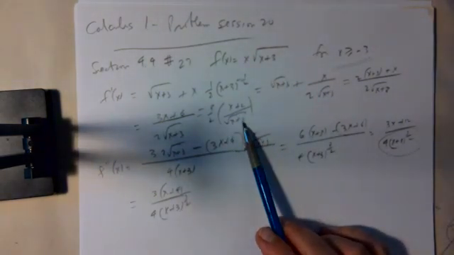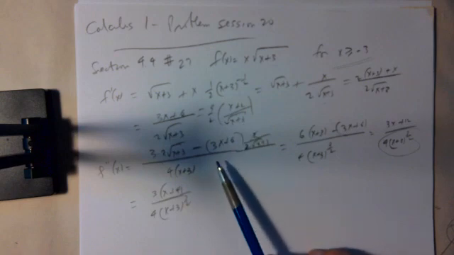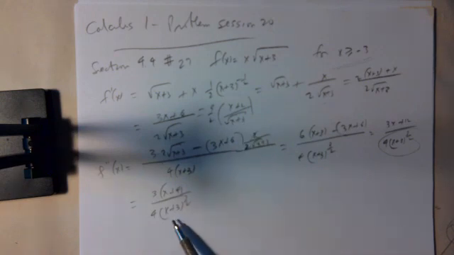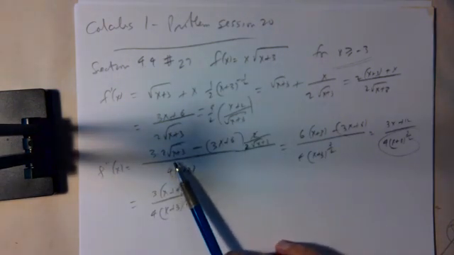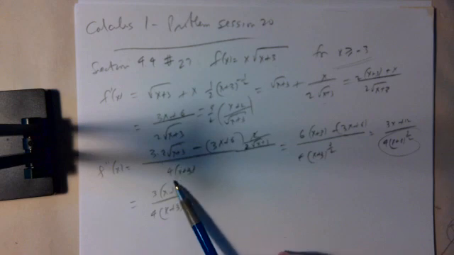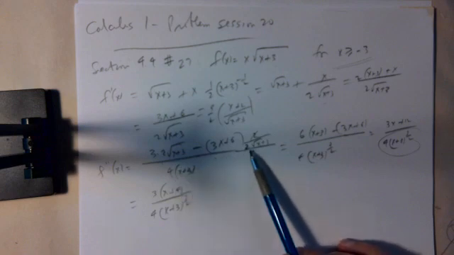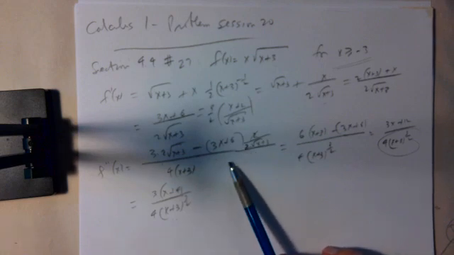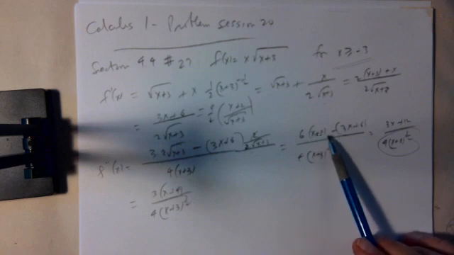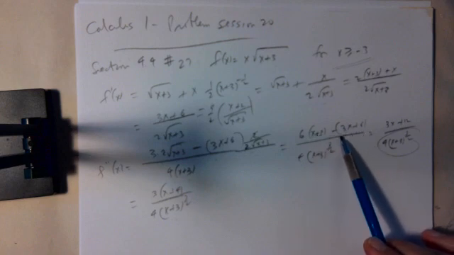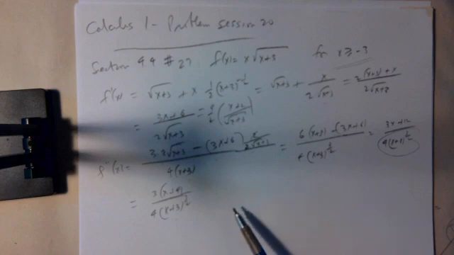And when I differentiate this by the product rule, I get an x plus 3 in the denominator. The derivative of the numerator times the denominator minus the numerator times the derivative of the denominator. So that's 6x plus 3 minus 3x plus 6. That's 3x plus 12.